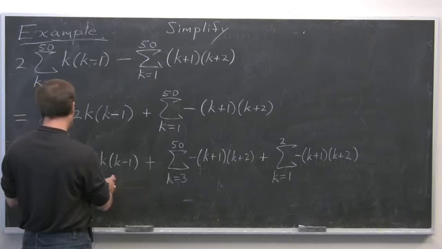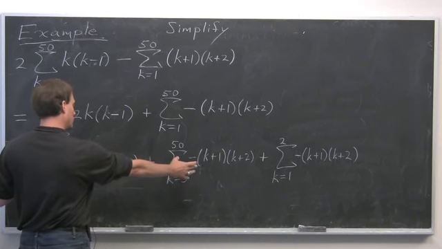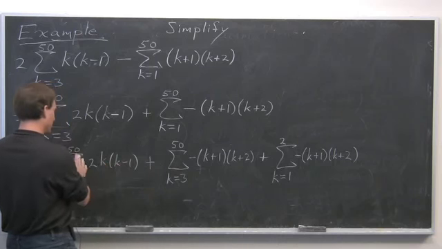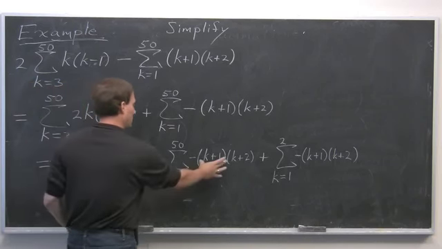Now linearity says that this sum of sums you can write as the summation of this and this.